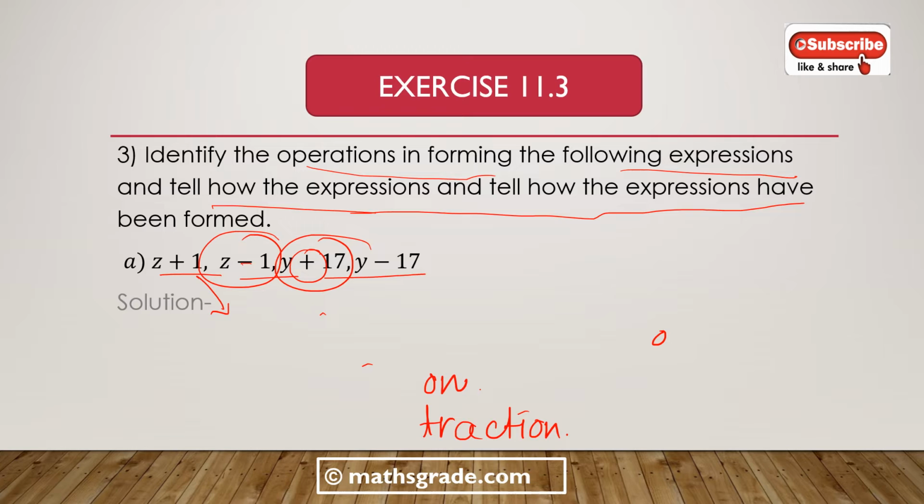And y plus 17 is the algebraic expression having the operation addition, the variable y is added with the constant 17. And y minus 17 is the algebraic expression formed with the subtraction operation, the constant 17 is subtracted from the variable y.